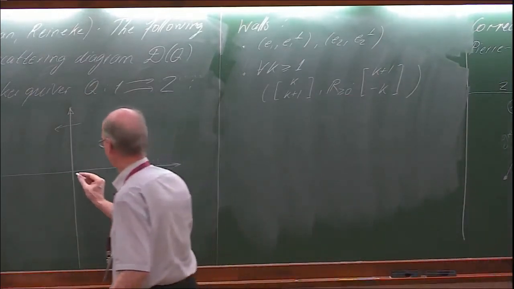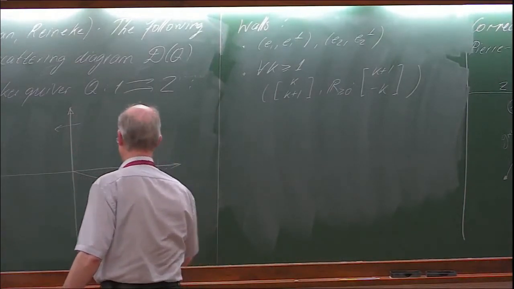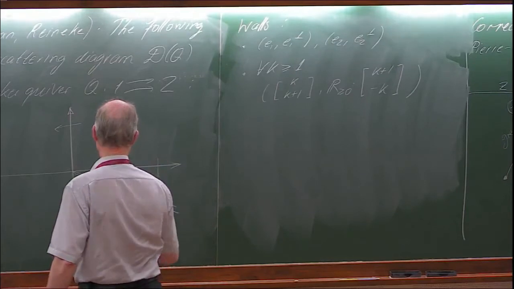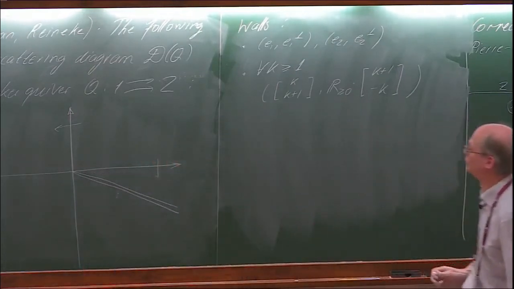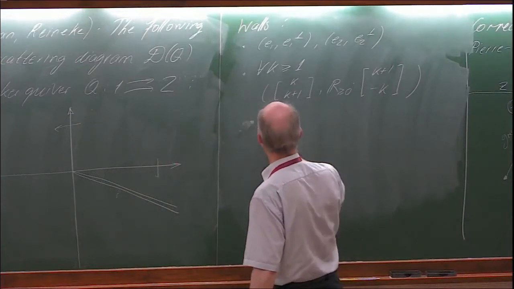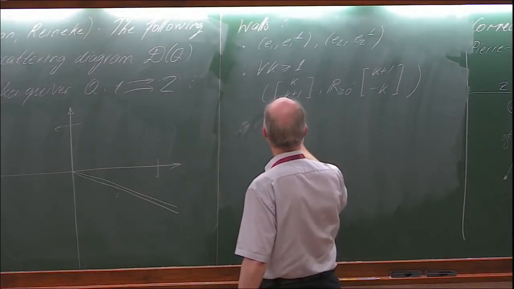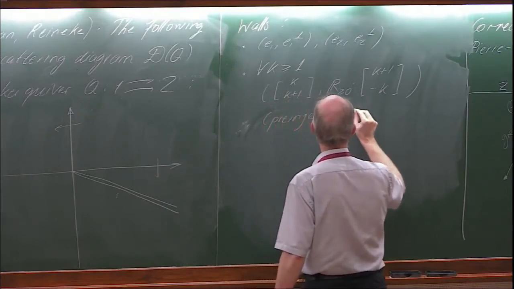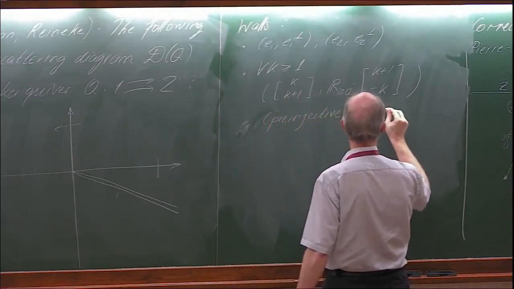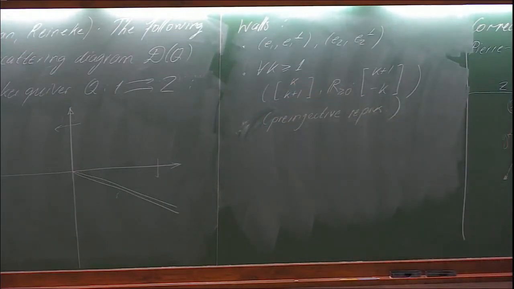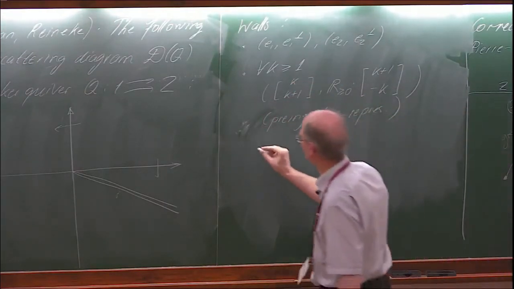Let's switch. So it looks like this. A discrete set of infinitely many walls. Notice that these correspond to pre-injective representations via the dimension vector. These are the dimension vectors of the pre-injective representations.